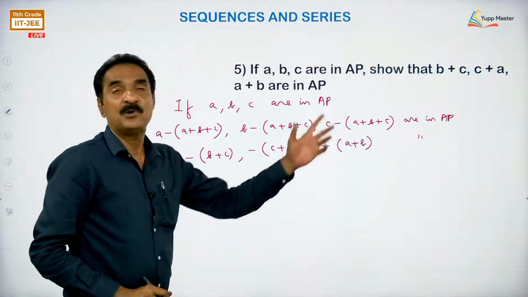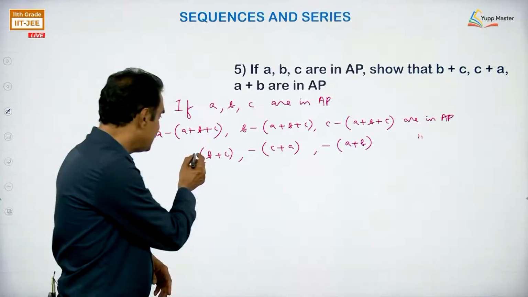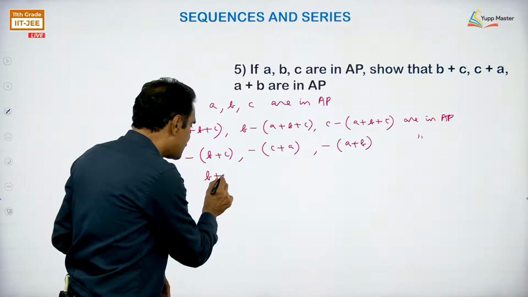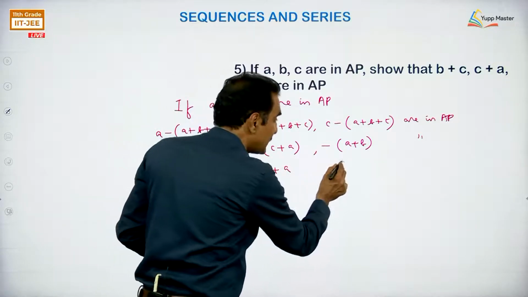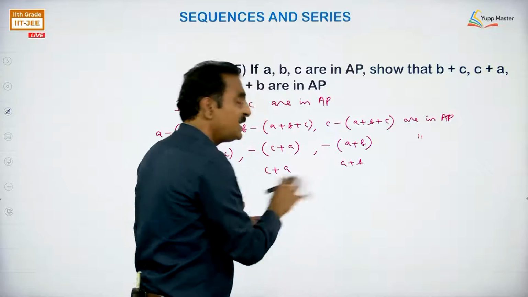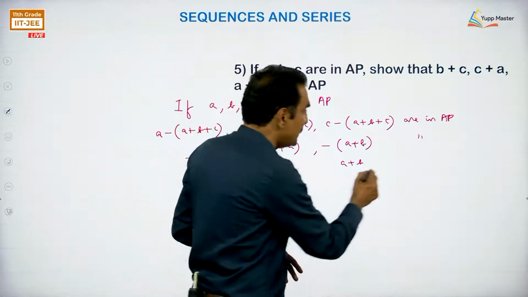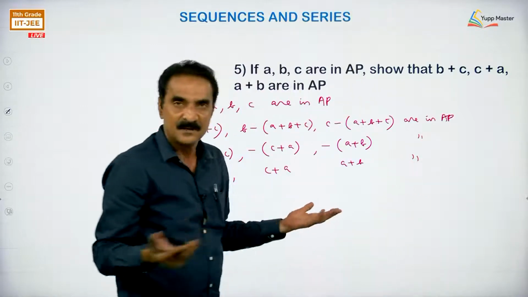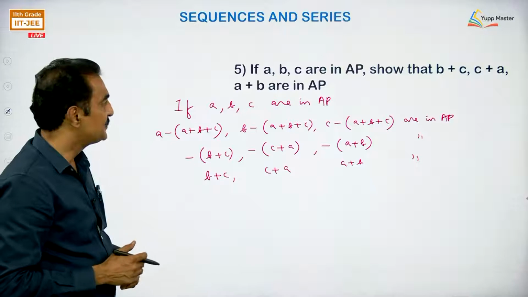I will divide all the terms by minus 1. Dividing this by minus 1, I will get B plus C. Dividing this by minus 1, I will get C plus A. Dividing this by minus 1, I will get A plus B. Dividing by a fixed number, the series numbers will be in AP only. So these three are in AP. That's all, it is finished. Okay, let us proceed to next question.